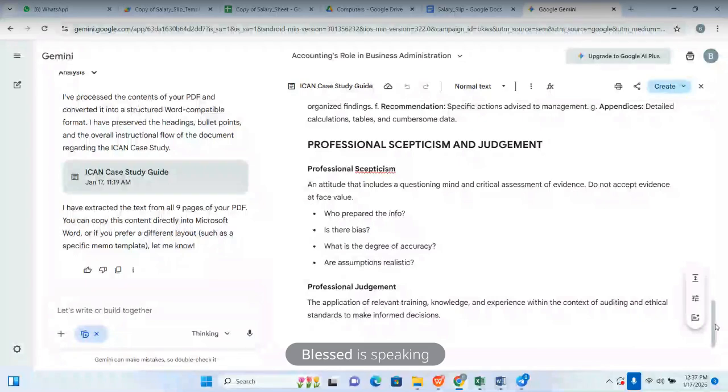If you notice that a question has no answer, you should be able to state it. Then we have professional judgment: the application of relevant training, knowledge, and experience within the context of auditing and ethical standards to make informed decisions. So we must be able to make a professional judgment.